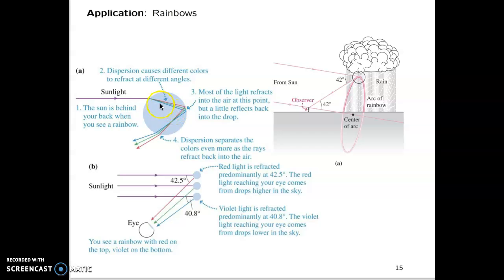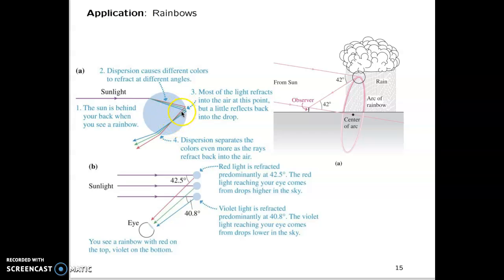Then what happens? Well, the light will hit the back side of the rain droplet, another interface between water and air. Some of that light will refract through into the air. We don't care about that light.